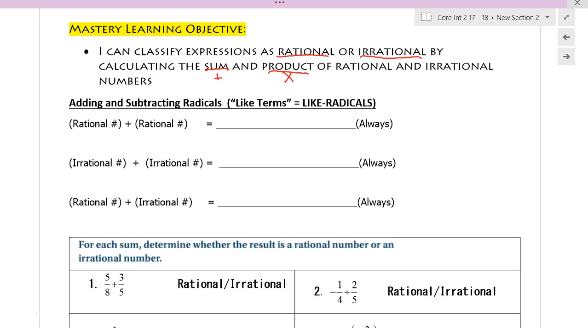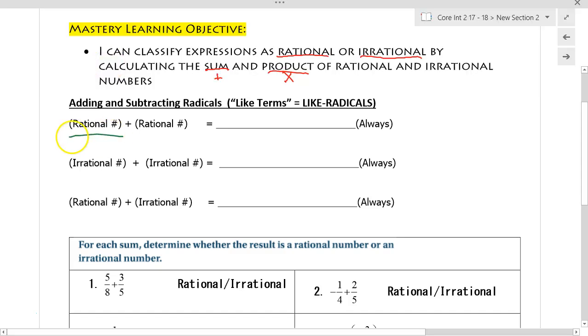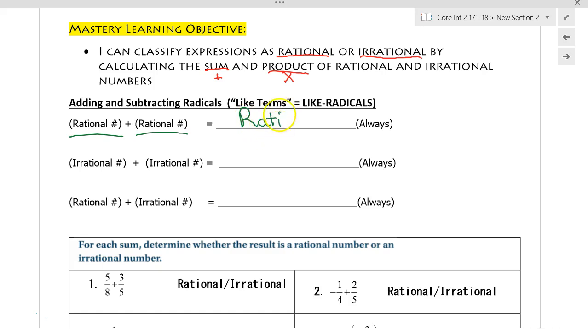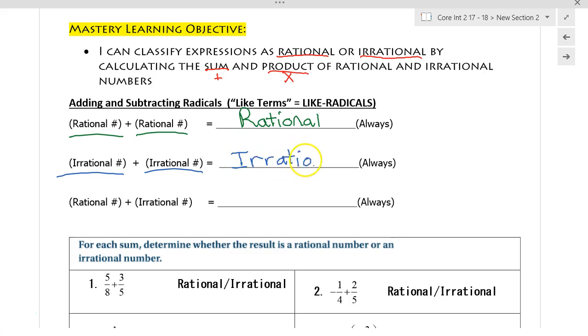Our rules: if I add a rational number and another rational number, I will always get a rational number. If I add an irrational number plus an irrational number, I will always get an irrational number.